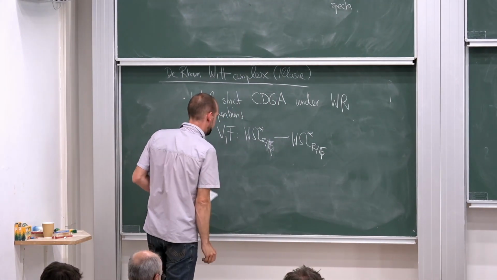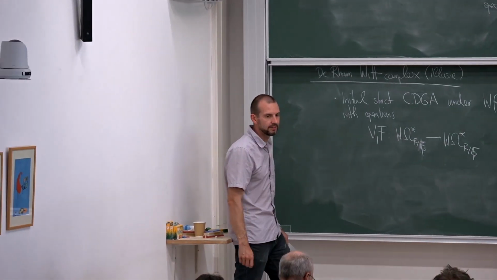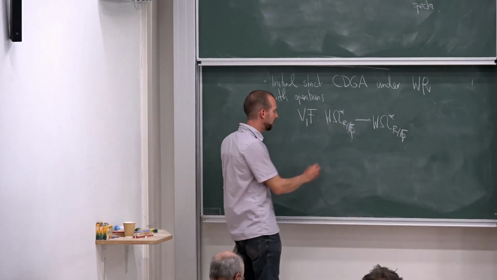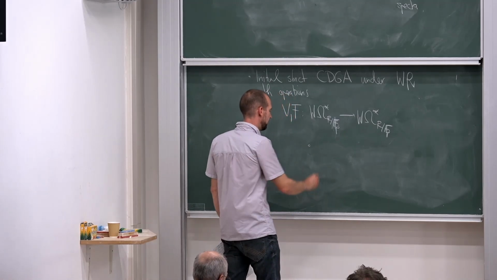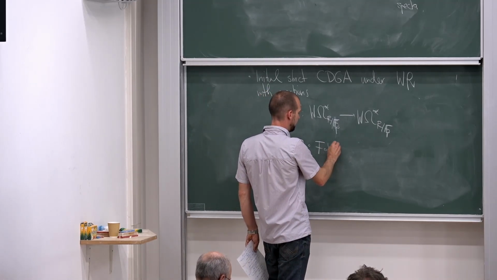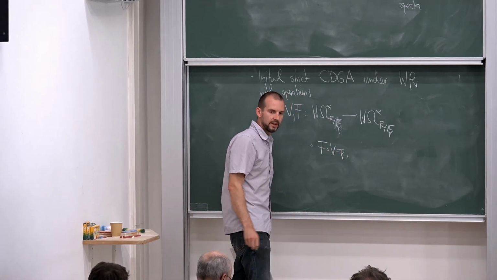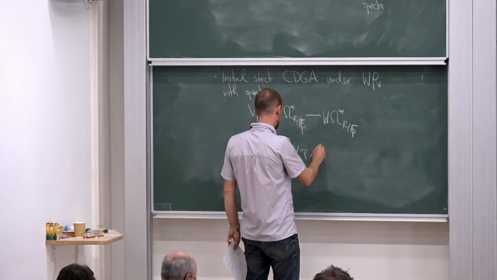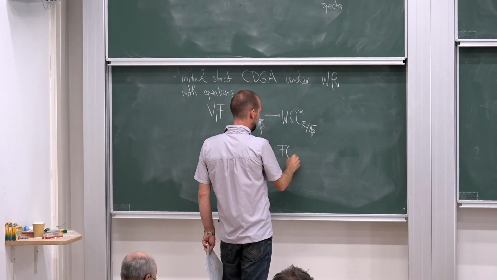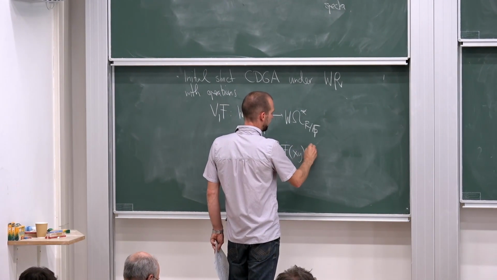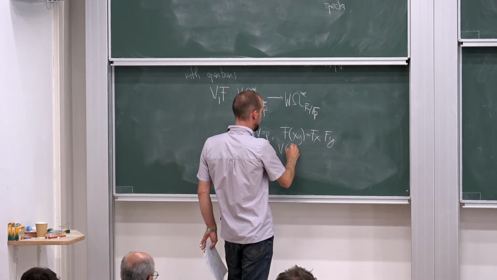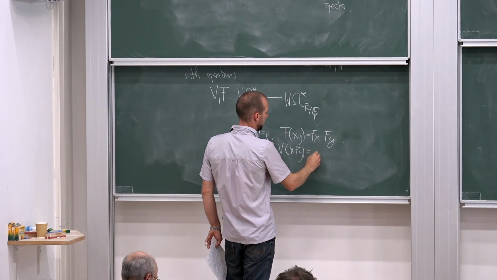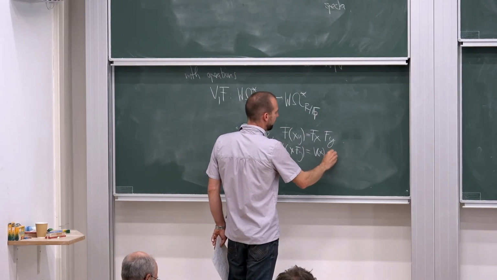V and F, and they have to satisfy a bunch of relations. What are the relations? Not so important, but let me say them. Again, we have FV equals p, and F is a ring homomorphism, so F(xy) is Fx times Fy. V is a module map, so V(x) y equals V(x F(y)).